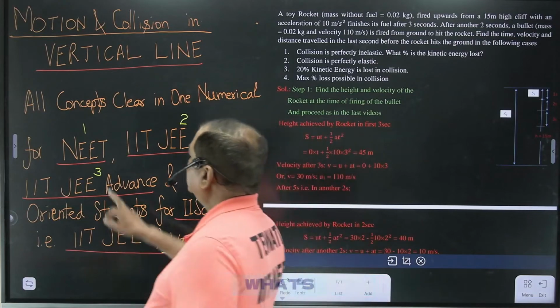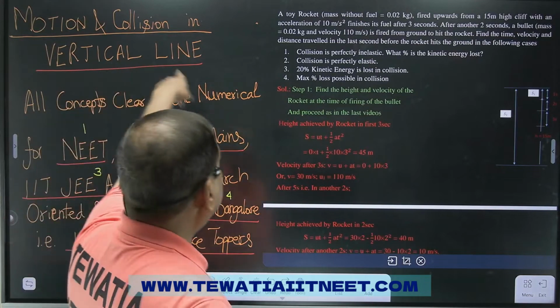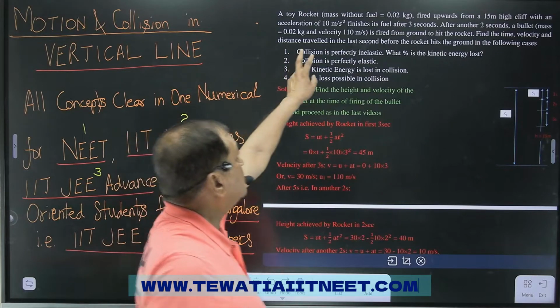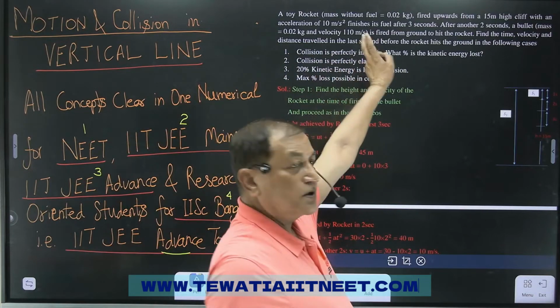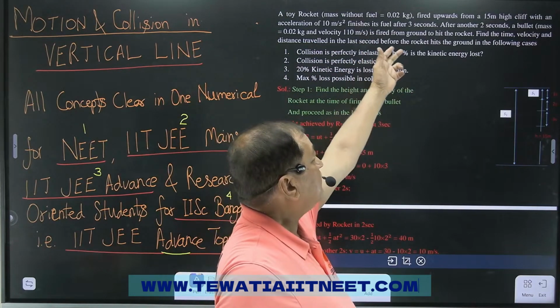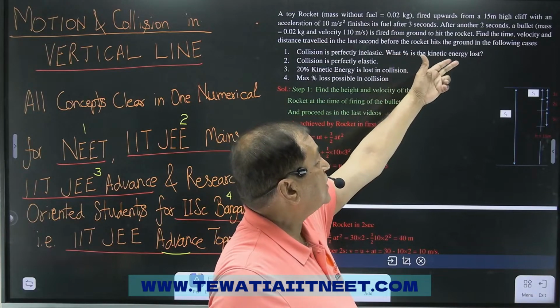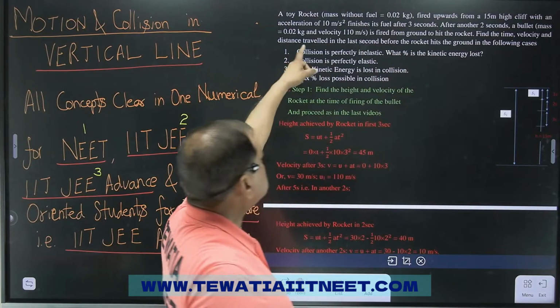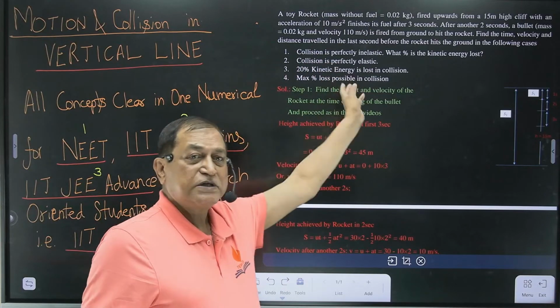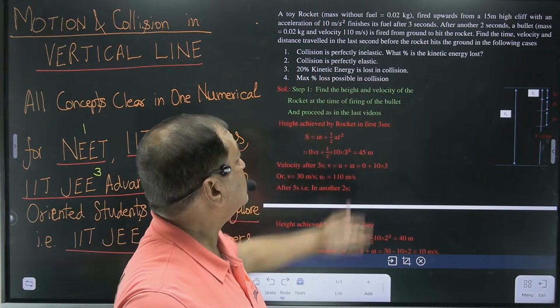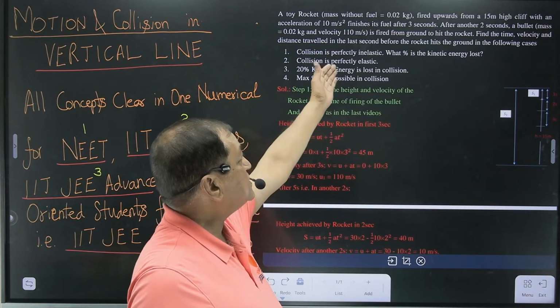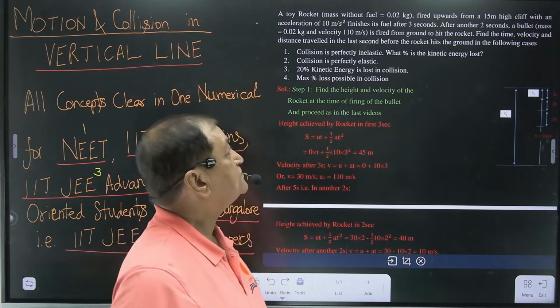The first one, I read the numerical. A toy rocket, mass without fuel 0.02 kg, is fired upwards from a 15-meter high cliff with an acceleration of 10 meter per second square upwards, and it finishes its fuel after 3 seconds.